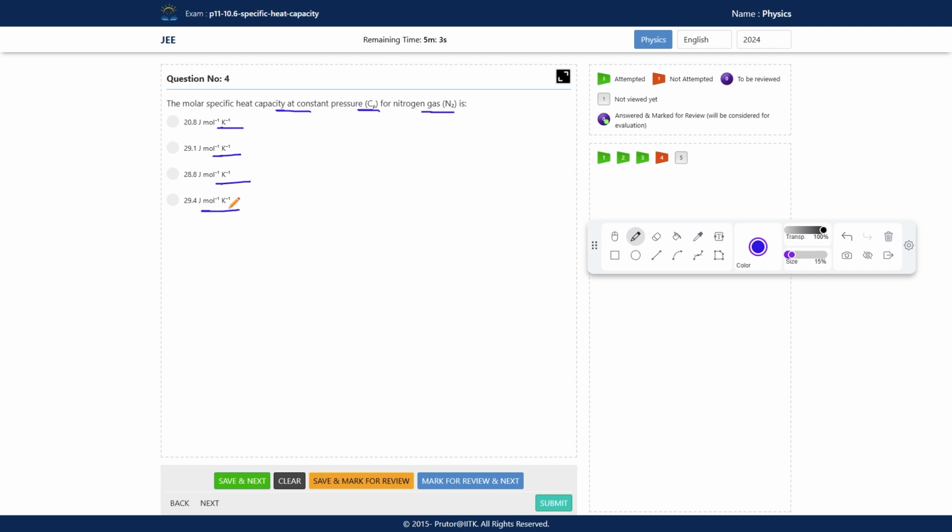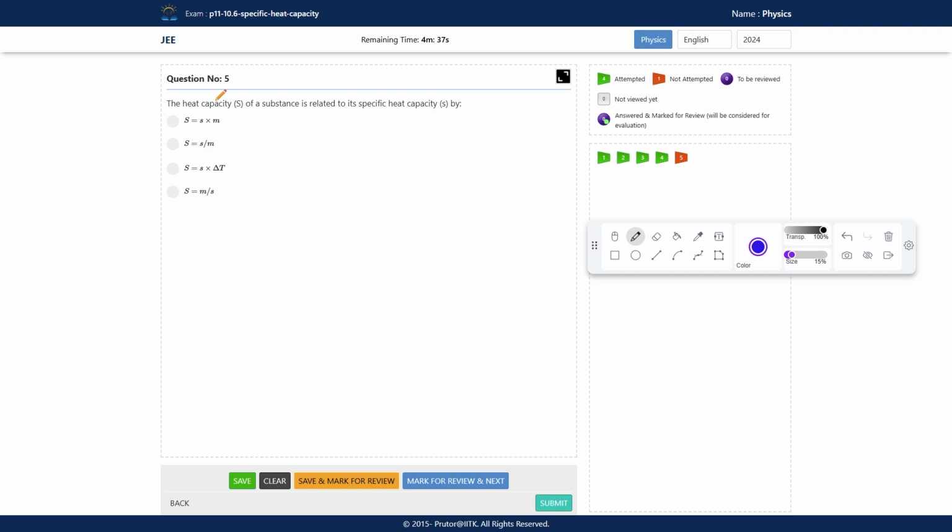Which one is correct? Please solve. This is given in the table. For nitrogen, it will be 29.1 joule per mole per Kelvin.